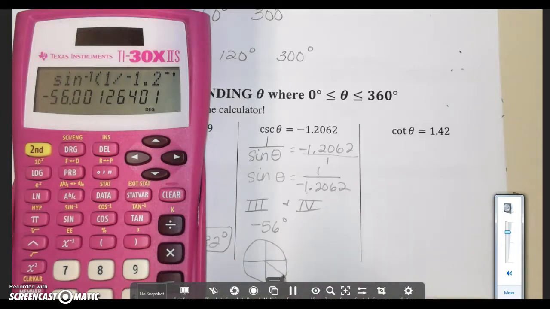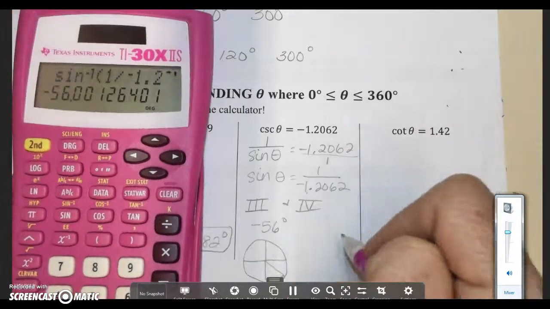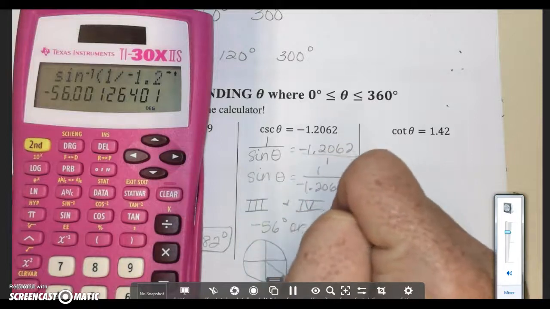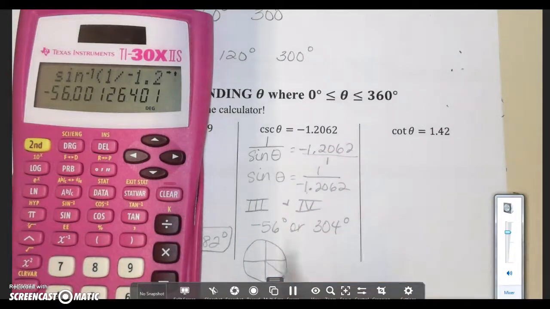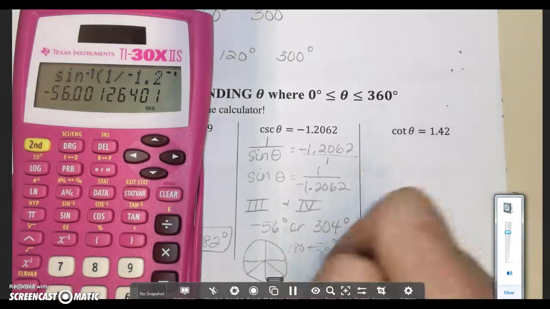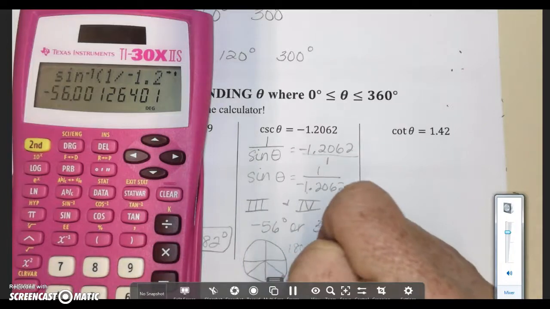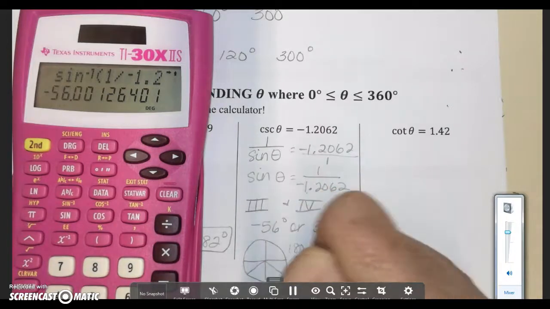So negative 56 degrees, which would also be 304 degrees, or it's going to be 56 degrees coming down from the x-axis. So we can do 180 plus 56, which would give me 236 degrees.